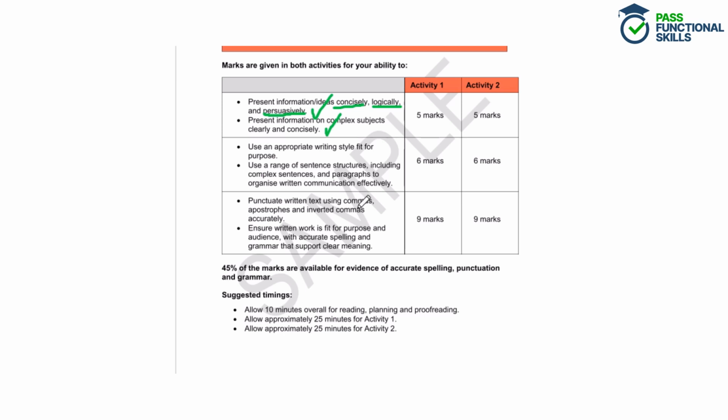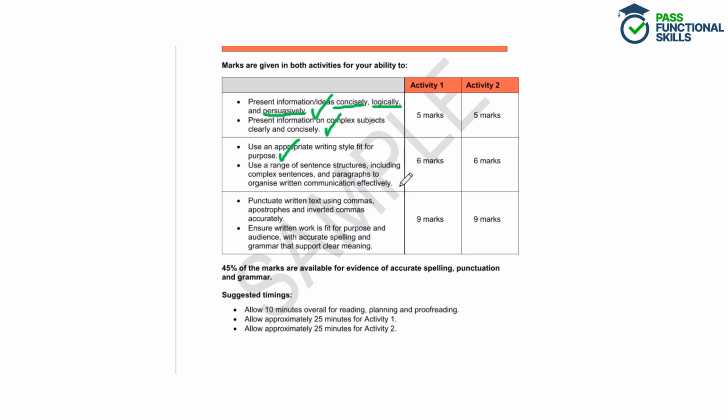We've used an appropriate writing style that is fit for the purpose. We've used quite a negative tone to write a letter of complaint, but we have remained formal throughout because the purpose is to persuade this airline to give us compensation. We need to be respectful towards them. We've used a range of sentence structures, including complex sentences and paragraphs, to organise written communication effectively.